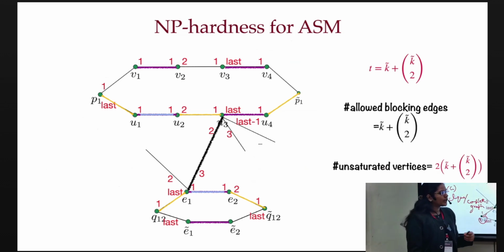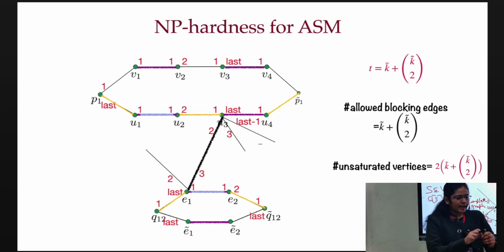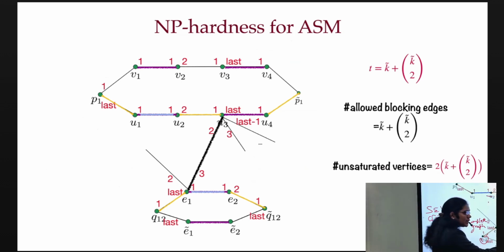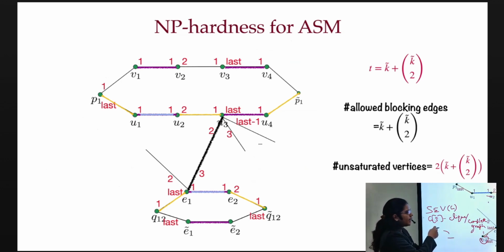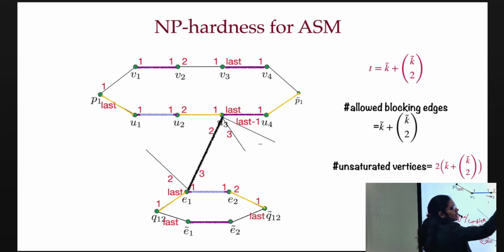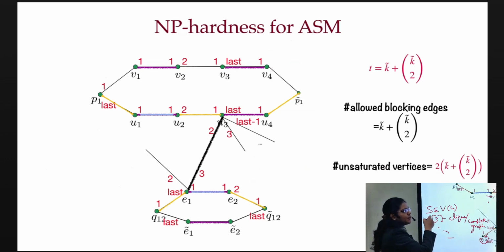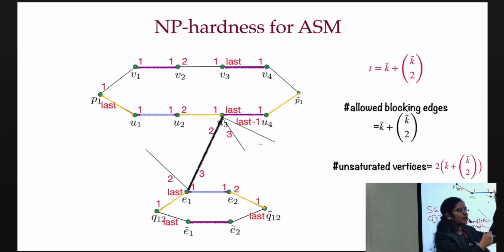So now what is my solution in ASM? If this changes the path, then this vertex is in my GS, right? I know that only k tilde may change the path here.